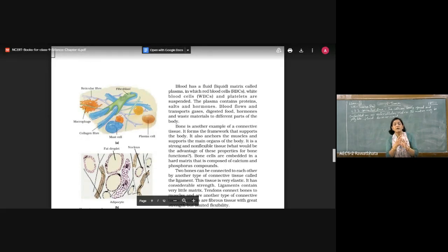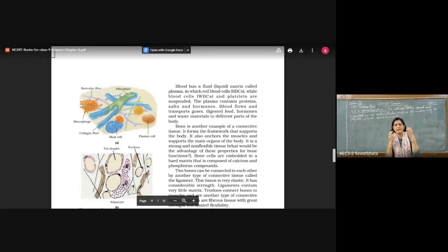RBCs are red in color, and these cells transport oxygen. WBC, white blood cells, are responsible for fighting against infection. Then platelets are responsible for clotting of the blood.